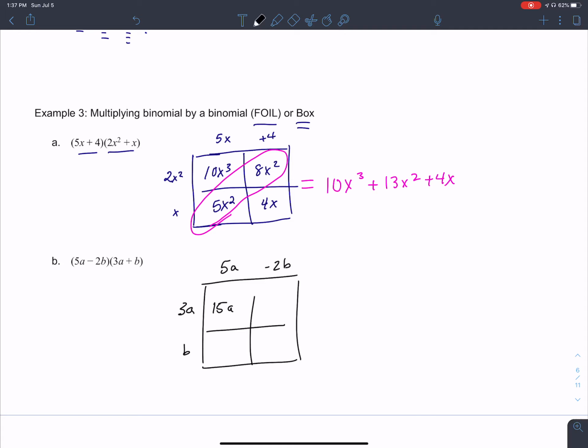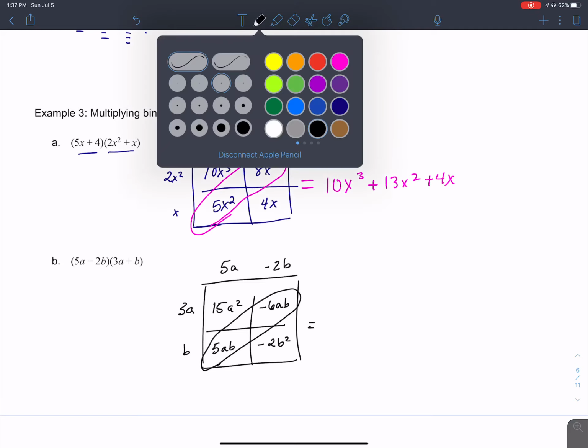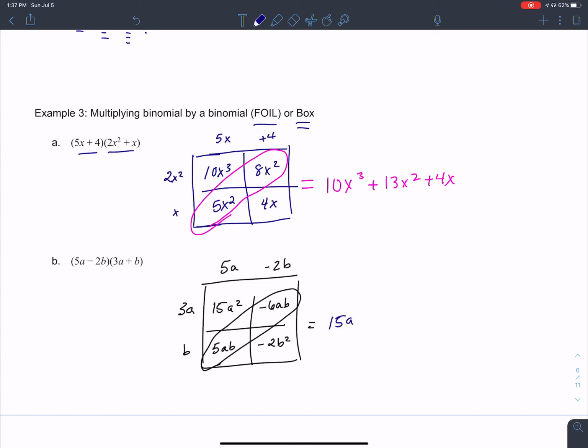So I get 15a squared minus 6ab, and then 5ab and negative 2b squared. So in this one, I do have like terms at a diagonal. So I get 15a squared minus ab minus 2b squared.